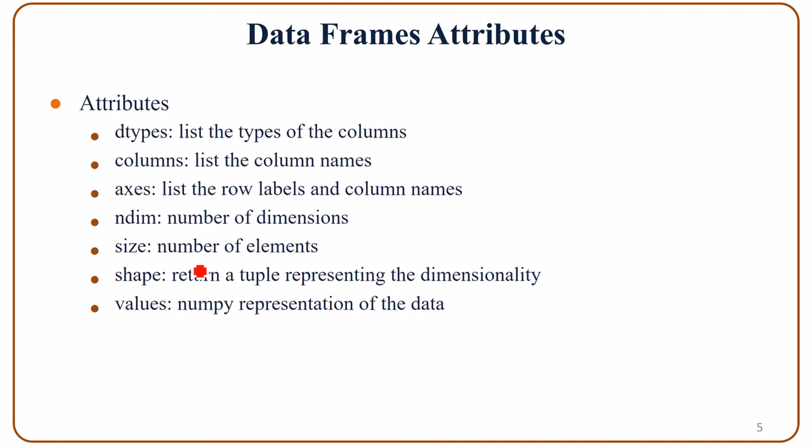There are many other attributes, such as columns, which lists the column names, axes, which lists the row labels and column names, and ndim, which gives the number of dimensions, size, which gives the number of elements, shape, which returns a tuple representing the dimensionality, and values, which is the numpy representation of the data.